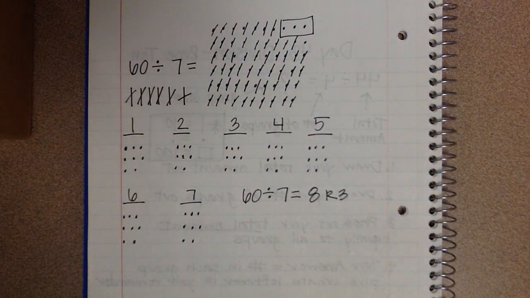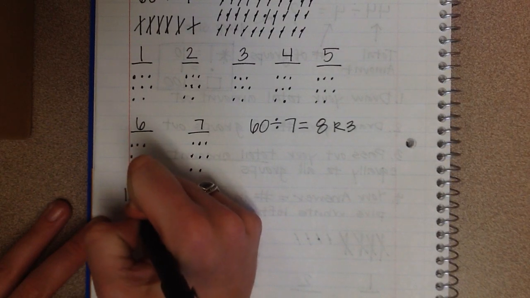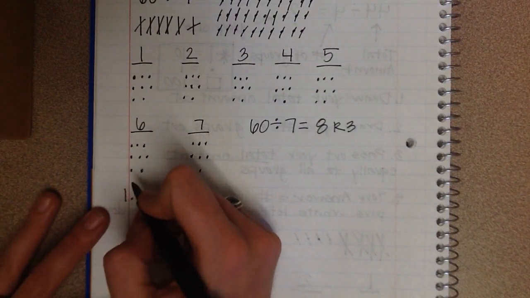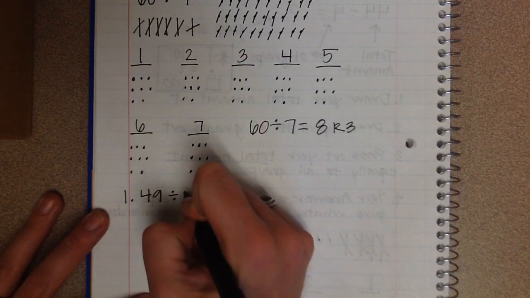Okay, I know this video is getting a little long, so what I want to do is I'm going to give you 3 problems which you can try at home. Come back with me, or come back tomorrow. Number 1 is 49 divided by 5.